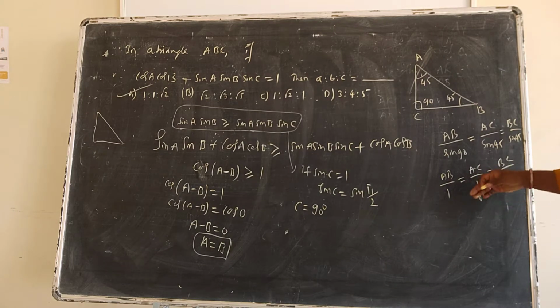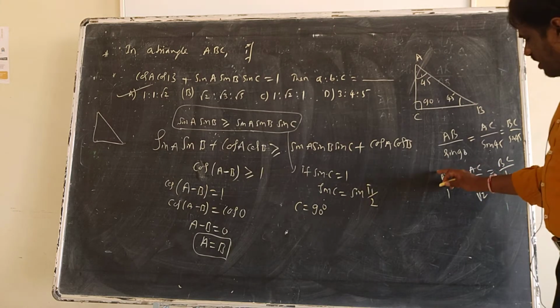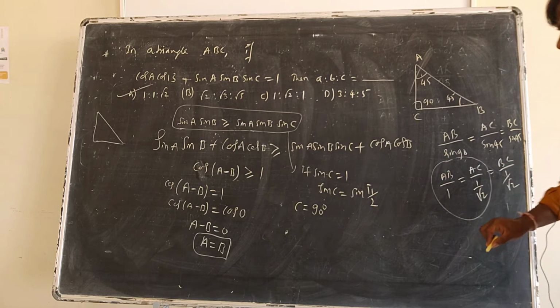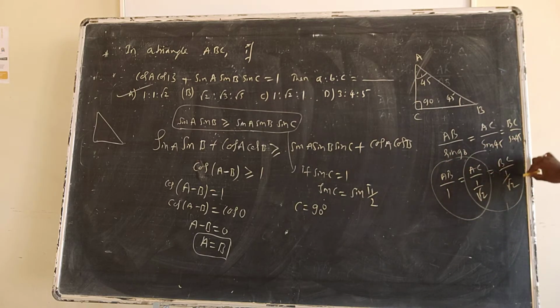If I want to find any ratio, you can find it this way. This ratio you will get 1, this ratio you get root 2. Are you getting what I said? This combination and this combination, and what is left?